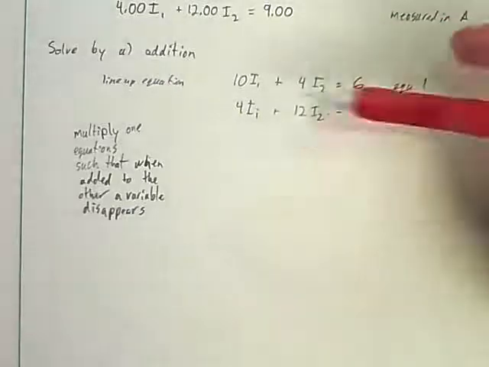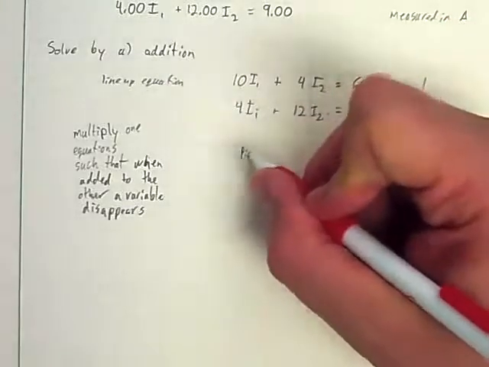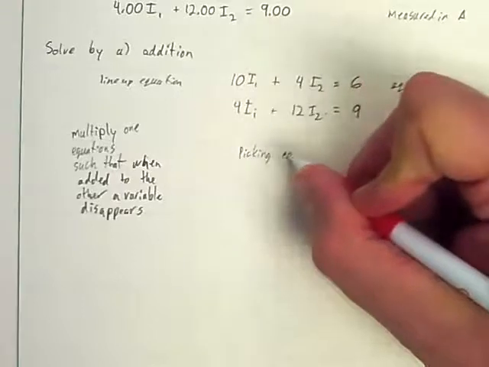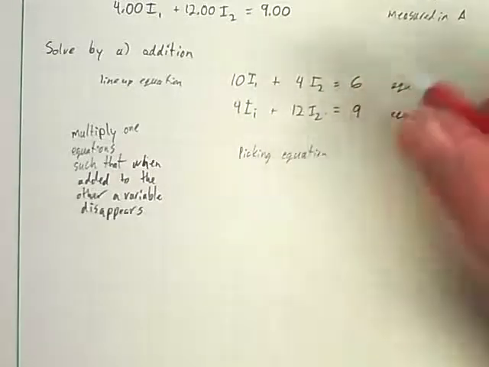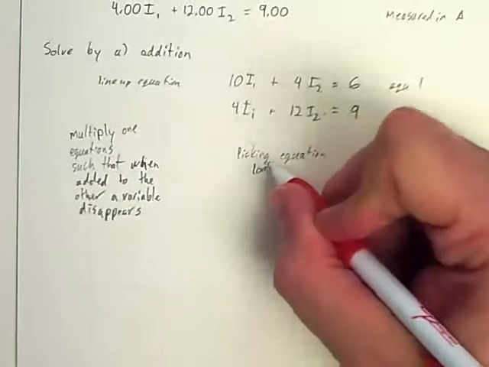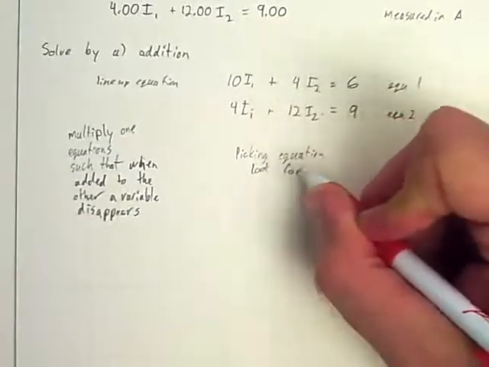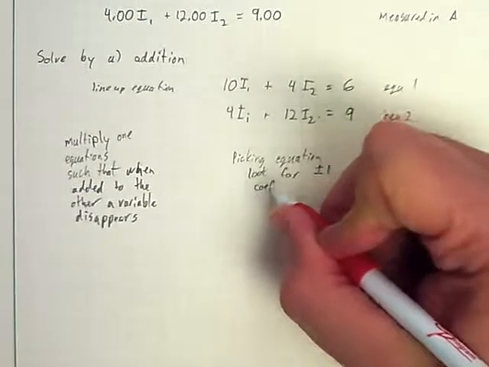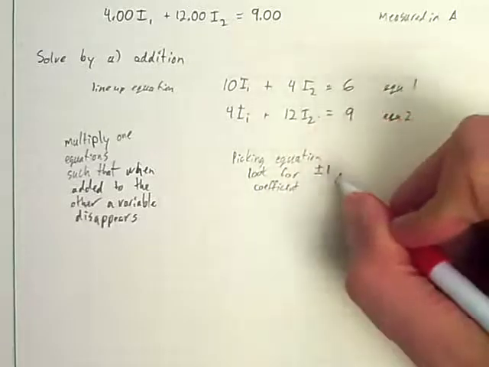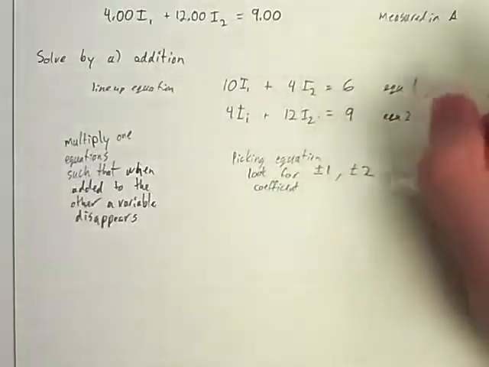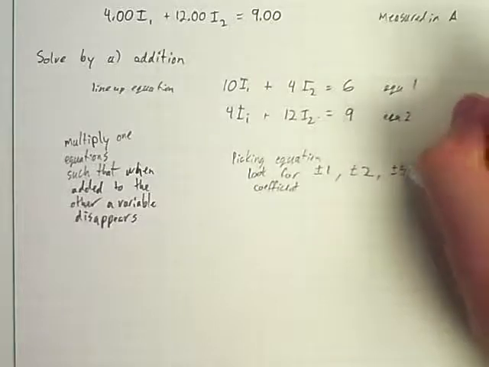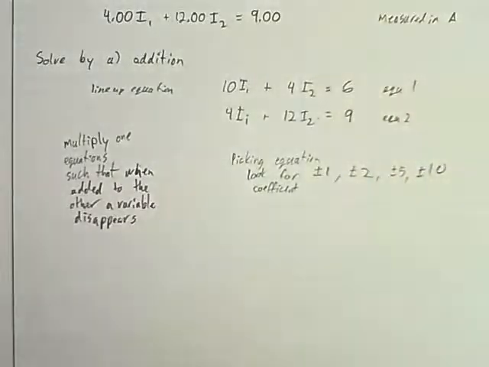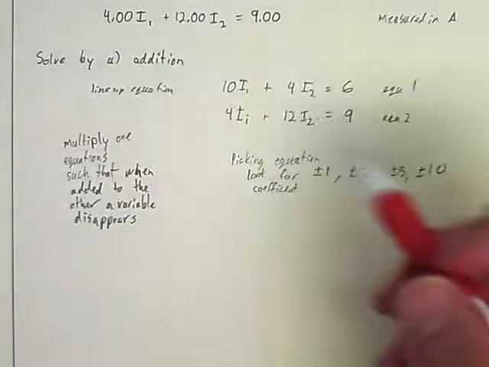So how do we pick that? Well, we want to look for plus or minus 1 coefficients. Plus or minus 2 are usually really easy to work with. Things like 5s and 10s are easy to work with. So if we see one of those, they can generally give us a hint as to which ones to use. In this one, we have a 10, but it doesn't really match well with the other.